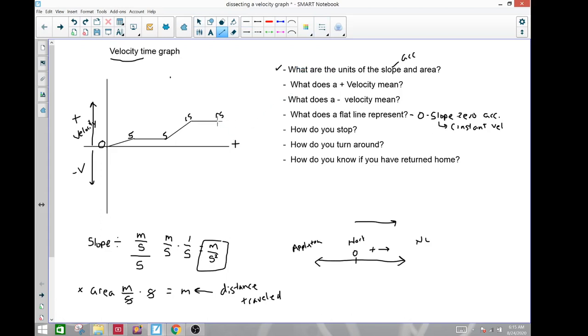Now, a person could get to New London, let's say they're by the Quick Trip in New London, and they slow down to a stop. They could choose to stay there a little while, and then they could turn around and start going back the other way. This is how you turn around. So this person would now be going the other direction.